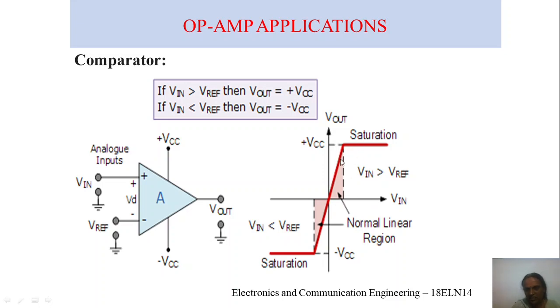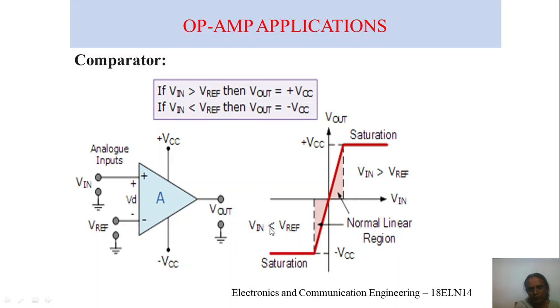Exactly at the supply voltage VCC, it goes to saturation, both at the positive and negative peaks, that is plus VCC and minus VCC, and this region is called the normal region. In the positive quadrant, that is the first quadrant, Vin is greater than V reference, whereas in the third quadrant Vin is less than V reference. So this is the comparator.